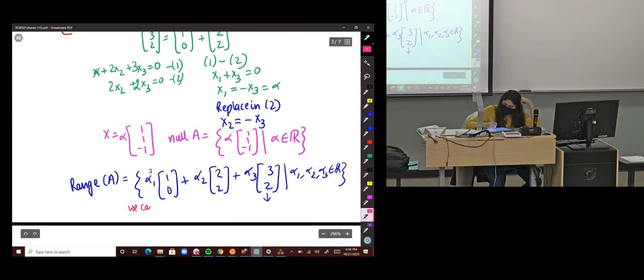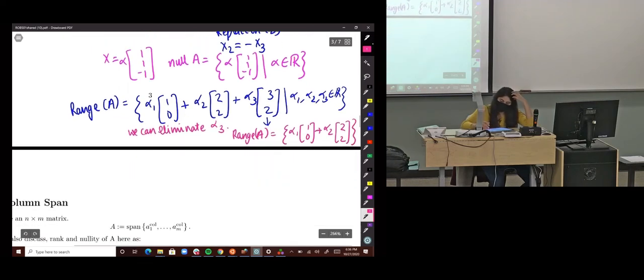So we can eliminate alpha 3, and so the range of A becomes just the set alpha 1 times the first column plus alpha 2 times the second column, where alpha 1 and alpha 2 are real numbers.